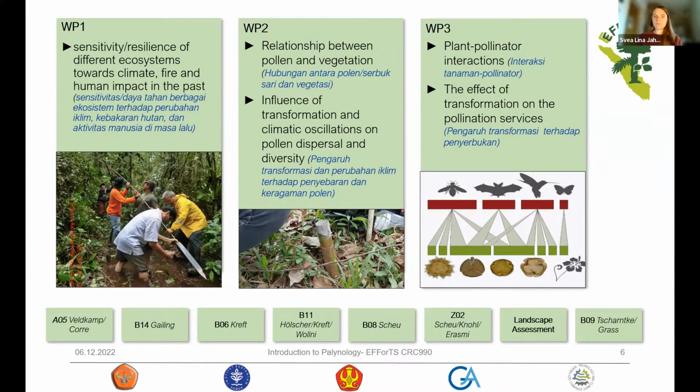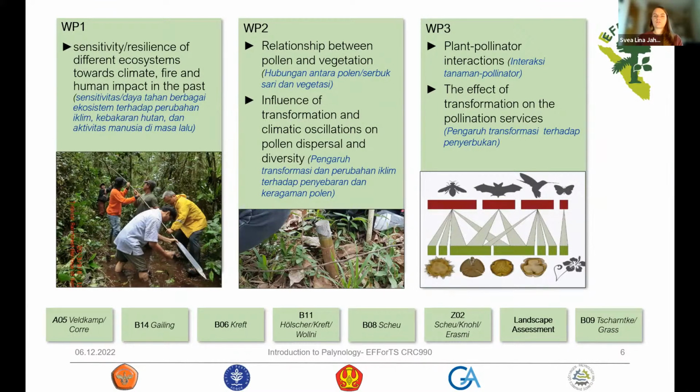In working package 2, we study the relationships between pollen and vegetation, and also the influence of transformation and climatic oscillations on this pollen, how it is dispersed, how diverse it is. Because it is after all a genetic dispersal unit and an important keystone in ecology.